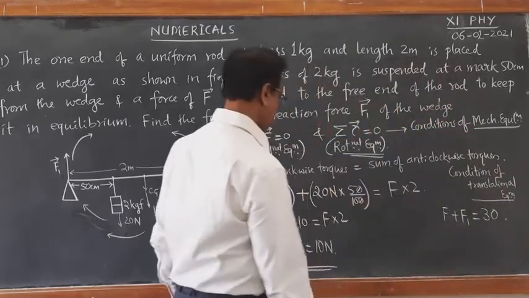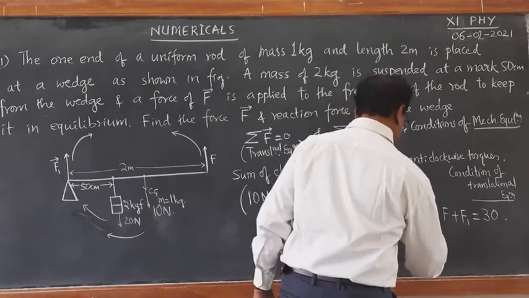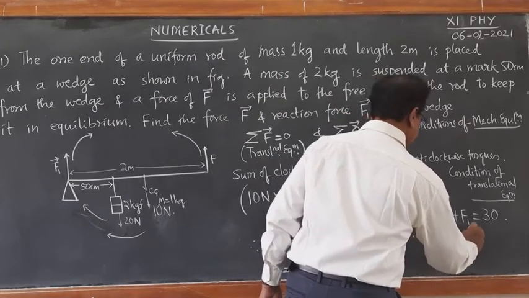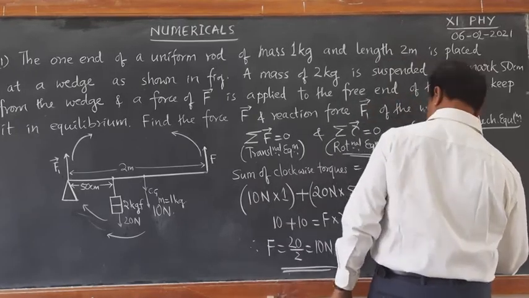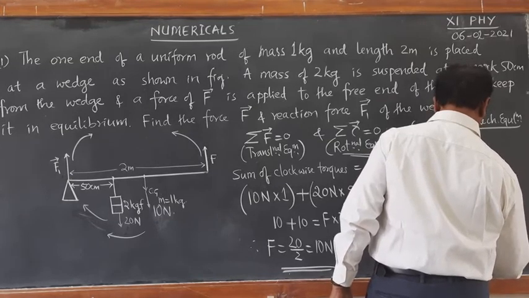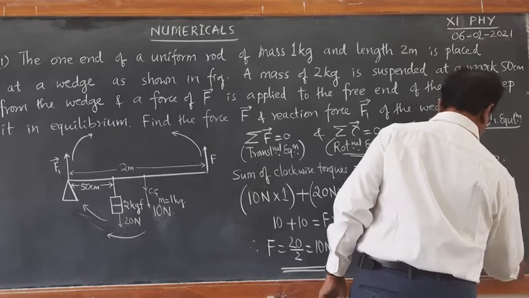30 Newton. Therefore, I need to calculate F1. Therefore, F1 is equal to 30 minus F. 30 minus F becomes 30 minus 10. So it becomes 20 Newton. Therefore, F1 is equal to 20 Newton.